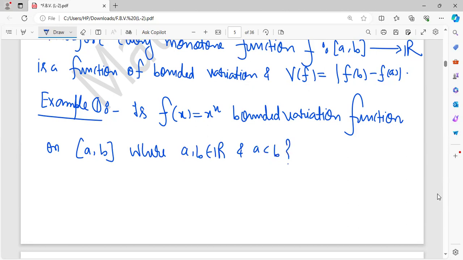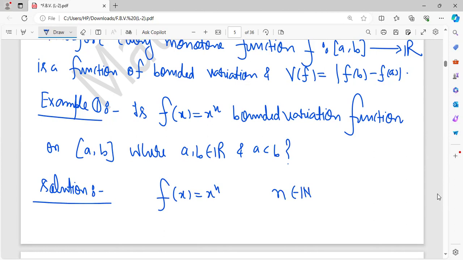It is easy to solve. f(x) is equal to x to the power n, where n is fixed, n belongs to the natural numbers, and n is 6.